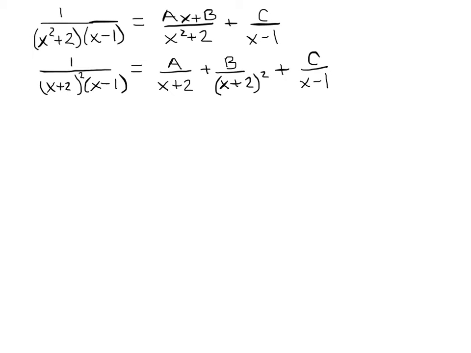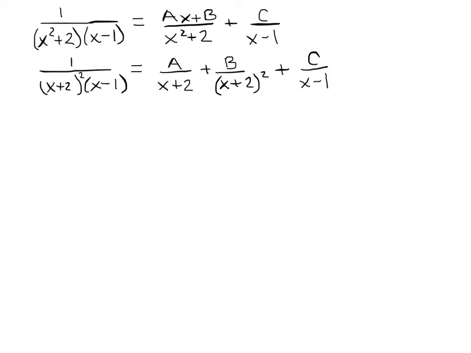Right, so notice on this one, degree is 1, degree is 1, degree is 1 in all of those denominators, and that is why it gets a degree 0 in the numerator. It just happens that this has a multiplicity, and so we need as many terms as that multiplicity. If that were a 3, we would have another one right in here with an x plus 2 cubed in the denominator and another letter in the top.